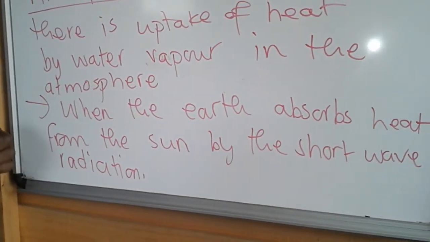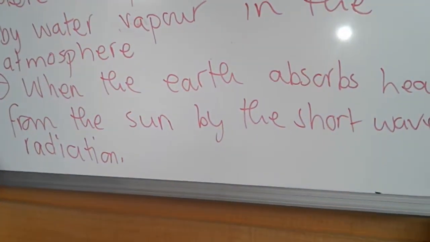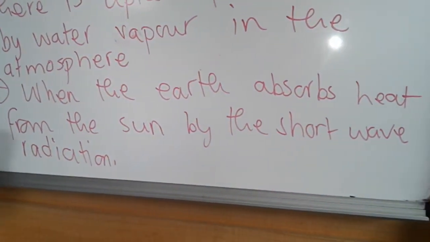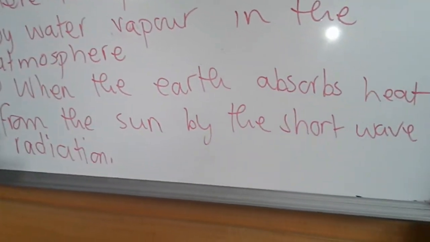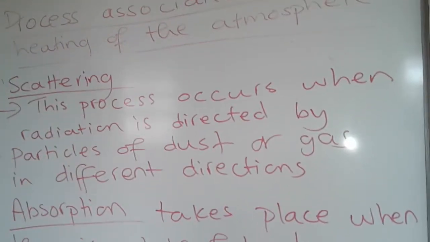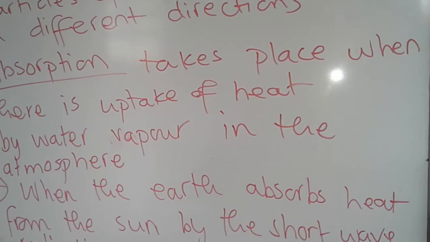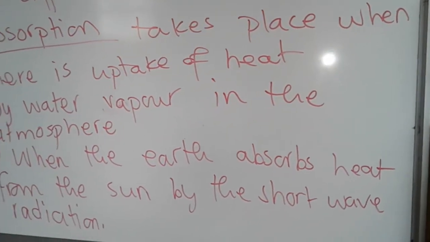That is also another process of heating of the Earth surfaces. So we do have incoming solar radiation, we do have reflection that can take place, and sorry, we also do have absorption taking place as the Earth is heated.